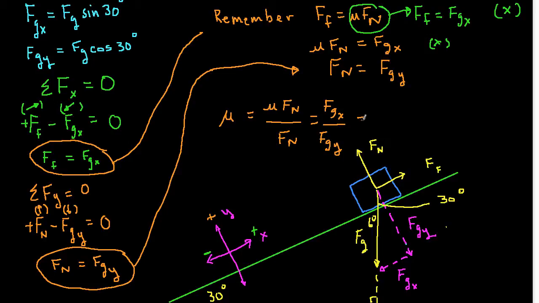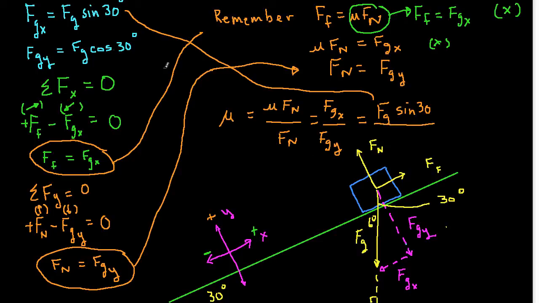But FGX is equal to Fg times the sine of 30 degrees, and FGY is equal to Fg times the cos of 30.